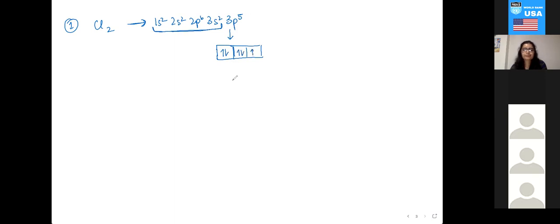So which one is ready for bonding? The last one. Yeah, the single unpaired electron is ready to take part in bonding. So we have 2 chlorine atoms making up this thing, right? So in chlorine, what type of bond is there between both the chlorine atoms?